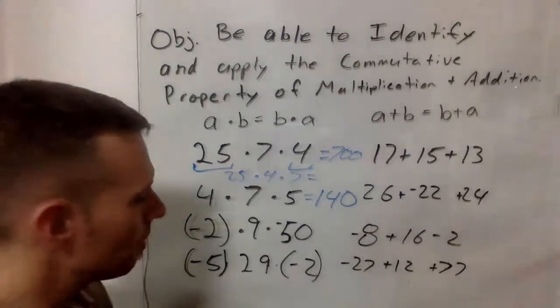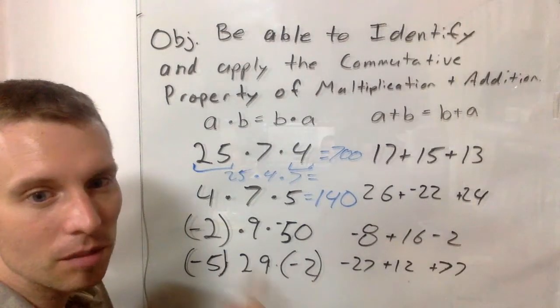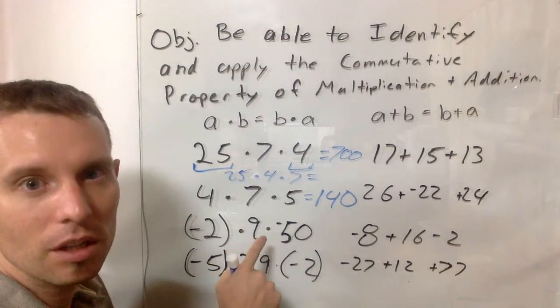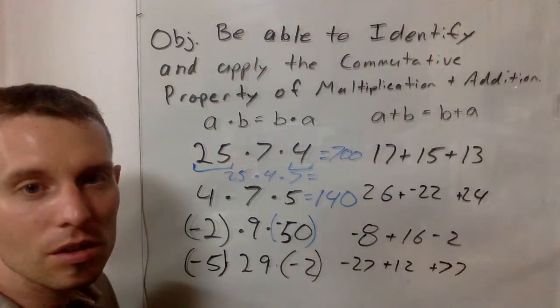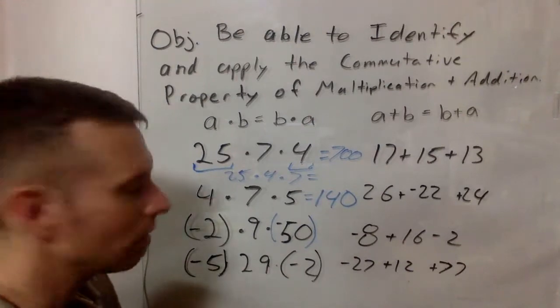You can still do this when you're multiplying negatives. You just got to make sure that you remember the rules for negatives. Sometimes if you have a multiplication here and a multiplication here, it helps to draw in a parentheses just so you don't get confused with subtraction and all that.